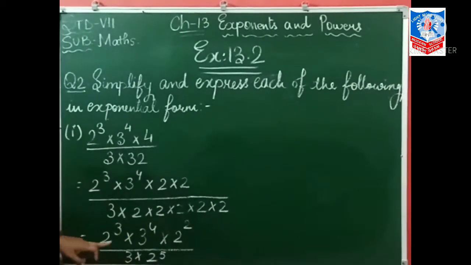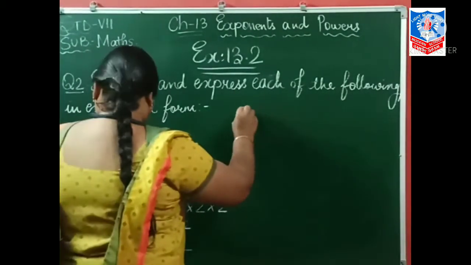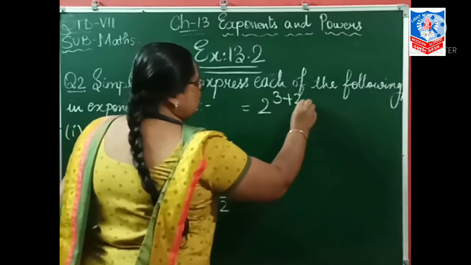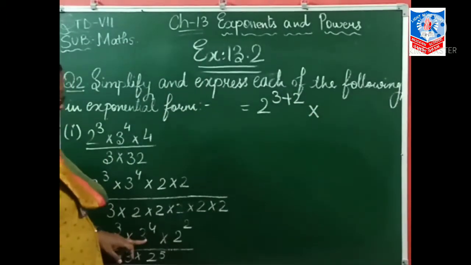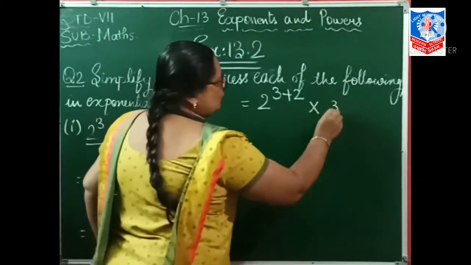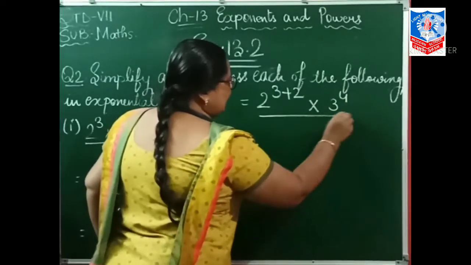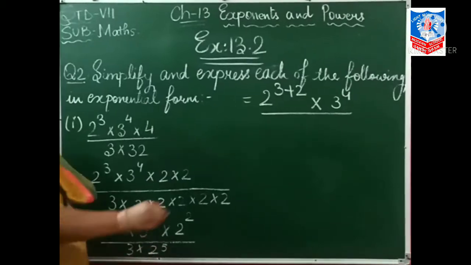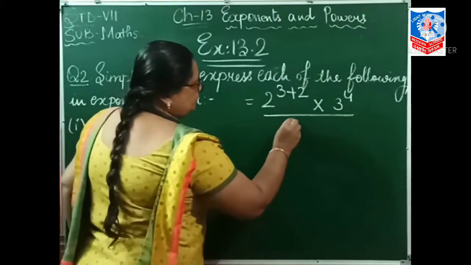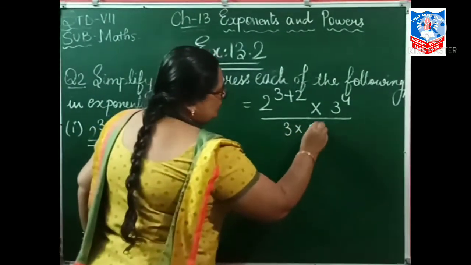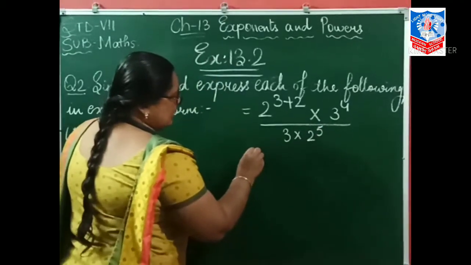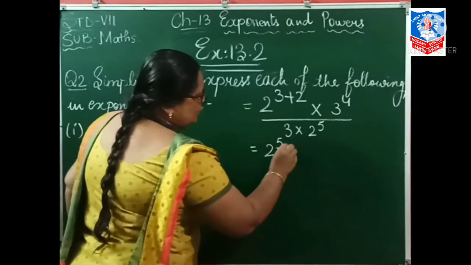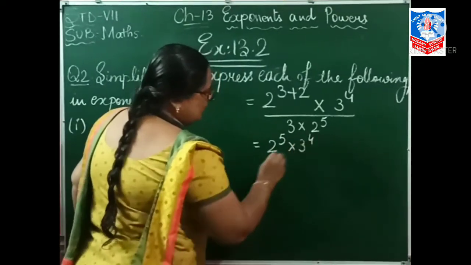And here it is multiplication, so we will do addition. 2 raised to the power 3 plus 2 into 3 raised to the power 4, divided by 3 into 2 raised to the power 5, is equal to 2 raised to the power 5 into 3 raised to the power 4.